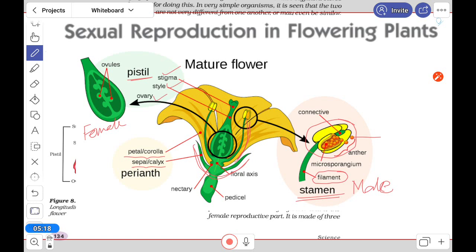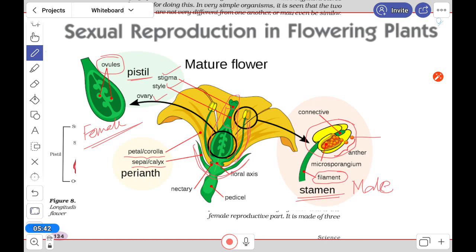There are three parts. You can see the whole area here. Stigma is the top part, style is this stalk-like structure, and the ovary is this area. Inside the ovary, ovules are present. Okay, so in detail, you just have to study this one.